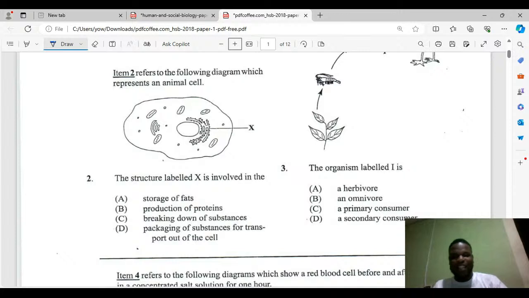Man, they say rough endoplasmic reticulum. It's a rough endoplasmic reticulum. What is rough endoplasmic reticulum? Why is it rough and not smooth endoplasmic reticulum?